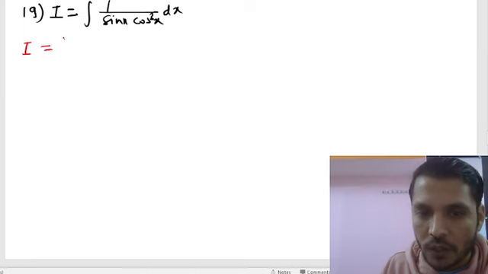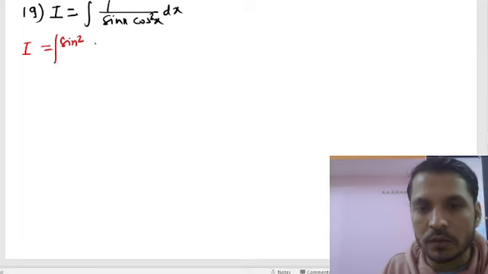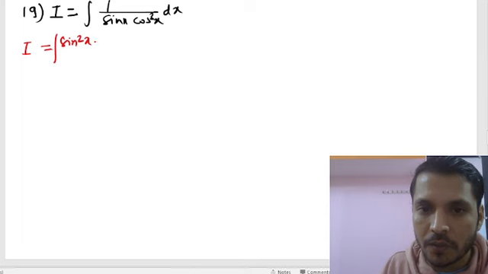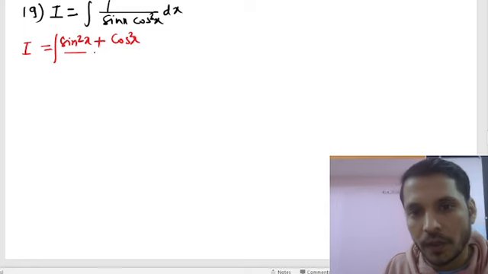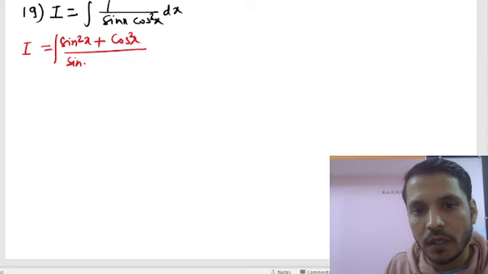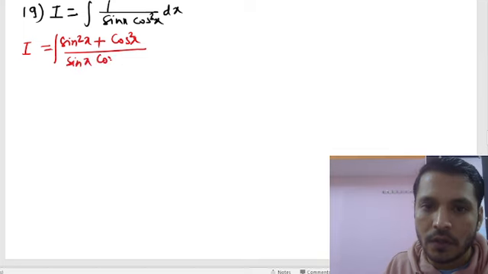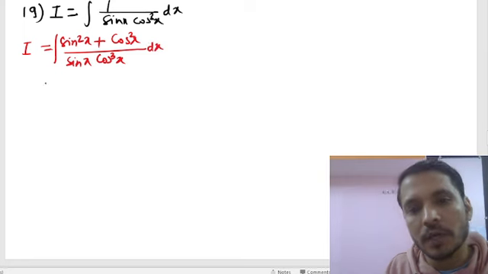So here we are going to replace 1 with sin square x plus cos square x, because direct we cannot do anything, and we know the identity, right? Everything else will be as it is, sin x cos cube x, and we separately divide both the terms.